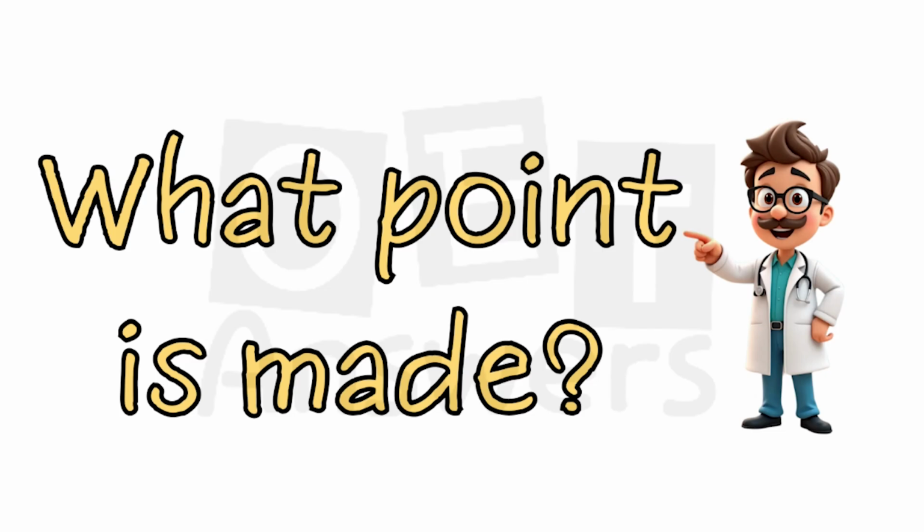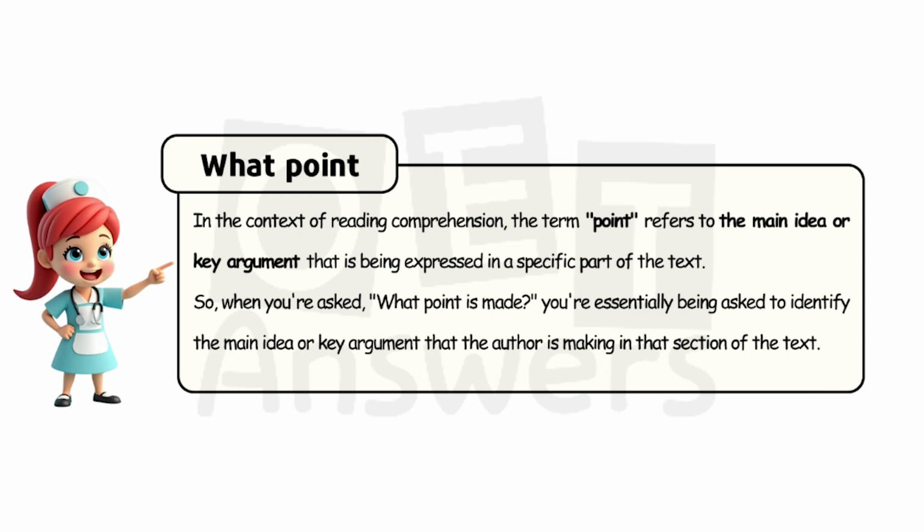What point is made? In the context of reading comprehension, the term point, as I already told you, refers to the main idea or key argument. So if they are talking about something in the first paragraph, that's the main idea, the main information they will provide at the end of the paragraph, being expressed in a specific part of the text.